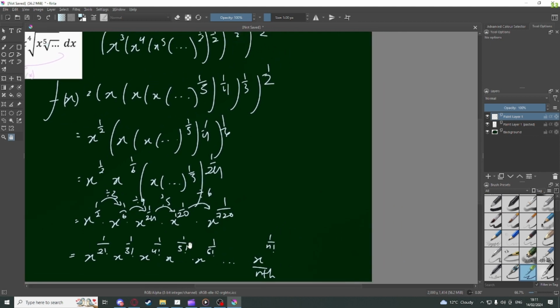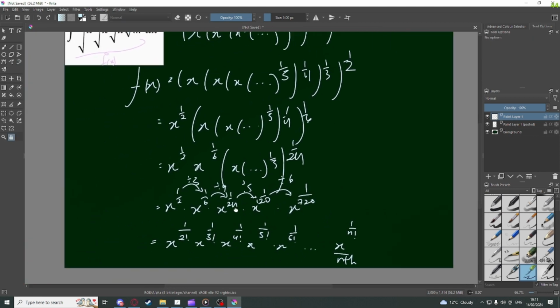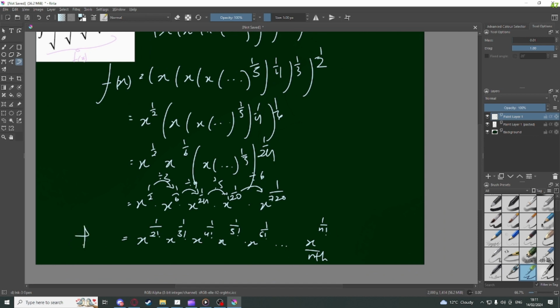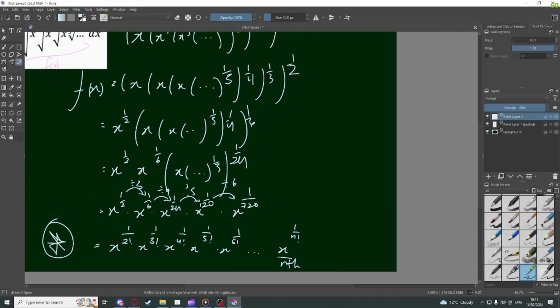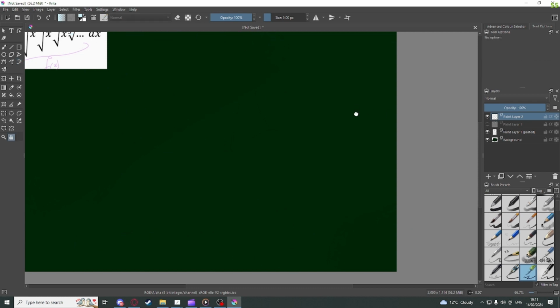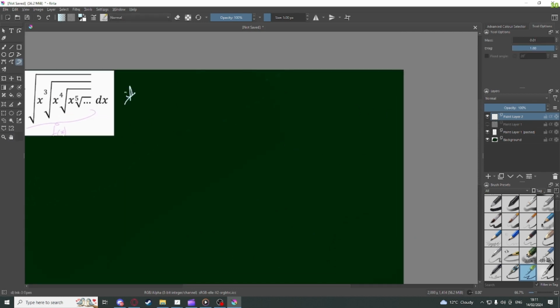Okay, and then using this here, I'll label this result star. Where does my cursor go? Yeah. So star again, this becomes x to the 1 over 2 factorial plus 1 over 3 factorial plus 1 over 4 factorial plus 1 over 5 factorial plus 1 over 6 factorial, so on and so forth.